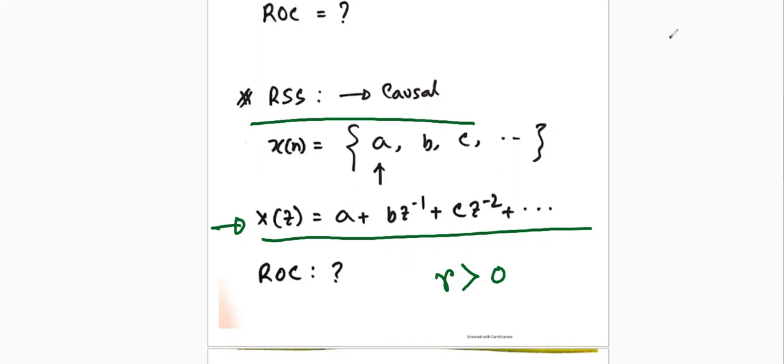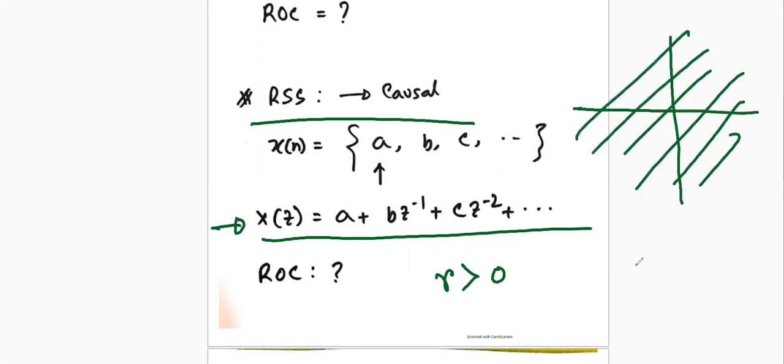So how can we show the ROC? Rather than the whole spectrum, just put a dot, because 0 is not a solution. And what about the infinity? Can you show the infinity? No, it's not possible. So in a sentence, you can write it. The ROC is more than 0 and up to infinity.